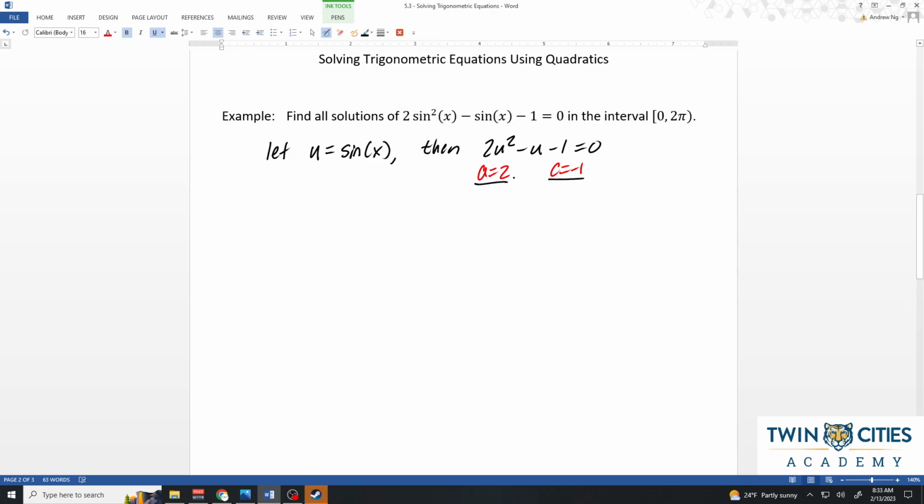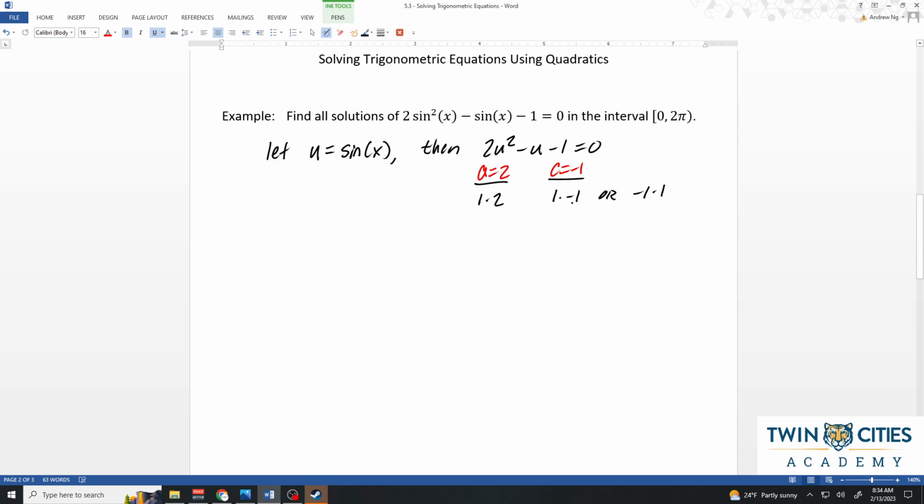All the factors of 2 are just 1 times 2. And for negative 1, I've got 1 times negative 1, or reverse that, negative 1 times positive 1. Let's see. If I put these two together, multiplying the outsides, 1 times negative 1 would be negative 1. 2 times 1 would be positive 2.